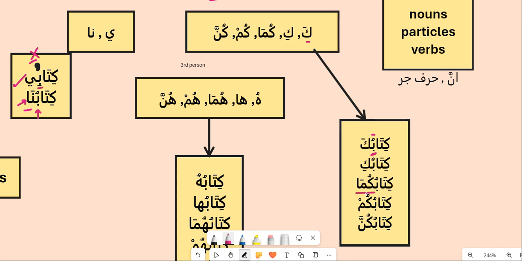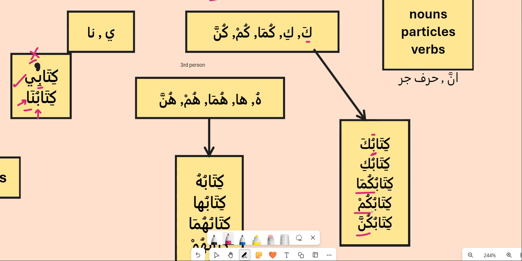So it works for all the three categories. So kitabukuma, kitabakuma, kitabikuma. And then for the male plural, that's kitabukum, kitabakum, kitabikum. And now for the feminine plural, kitabukunna, kitabakunna, or kitabikunna in majroor case. So that's how you go along with the damirs.